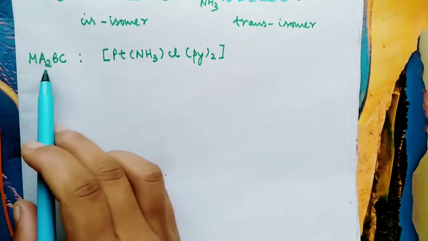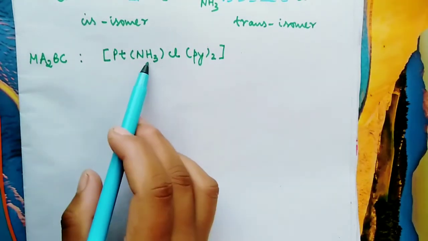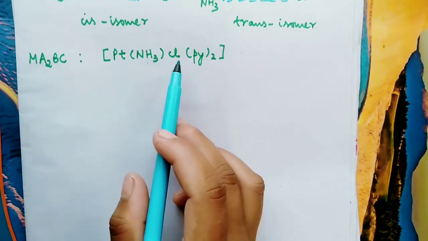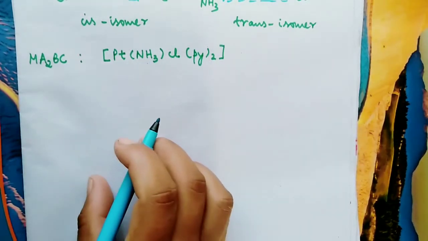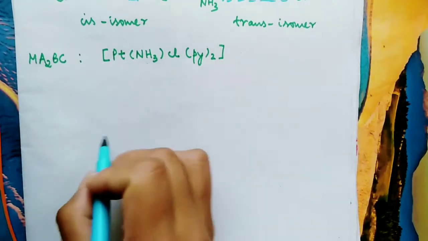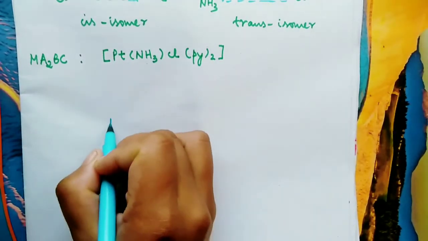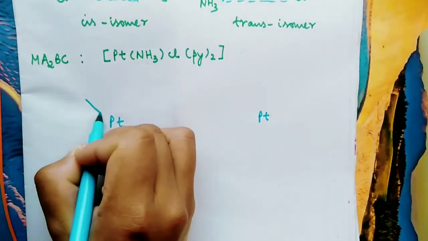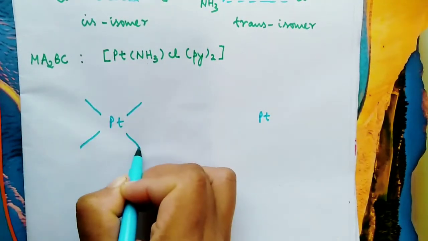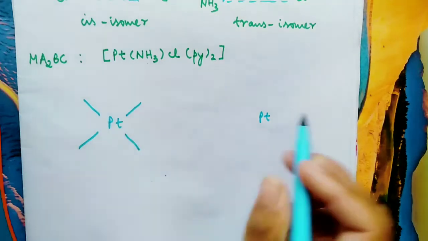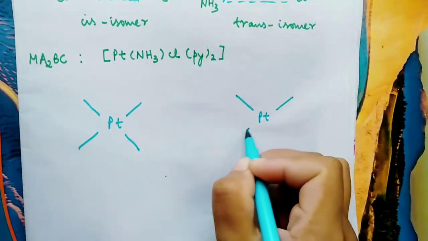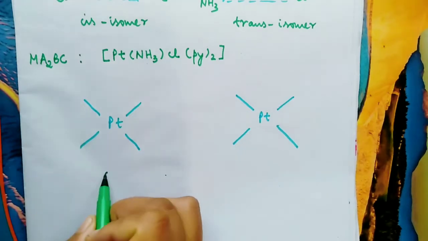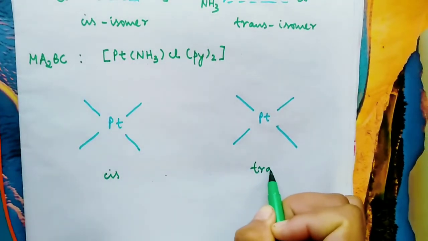This is an example of the type MA2BC, where your A is Py, your B is NH3 and your C is Cl. So draw the geometrical isomers of this complex. We have two isomers, the cis and the trans. Okay, 4 coordinate bonds. So for the cis and for the trans.